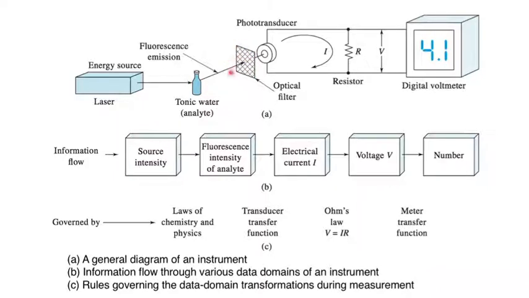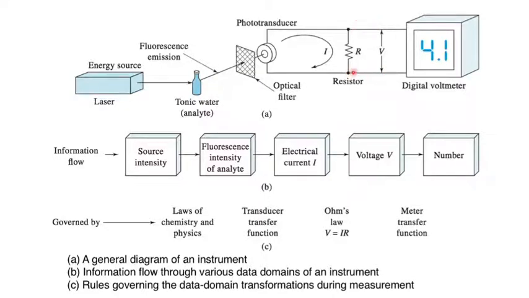And then we're filtering it through this optical filter. The reason the filter is there is to remove any of the stray light which comes from the laser, because this is a fluorescence emission measurement, which again we'll talk about in more detail. Then we have a transducer, and then an electrical circuit where there's a current flowing. There's a potential difference across here, the voltage.